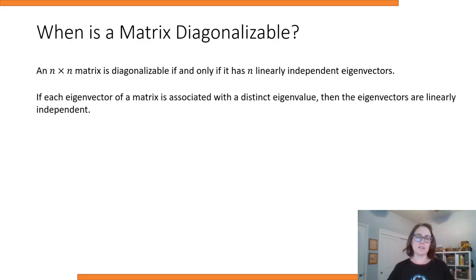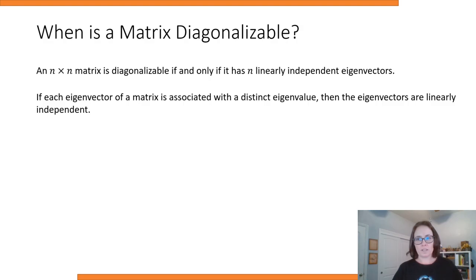If the eigenvectors of a matrix are associated with distinct eigenvalues, then the eigenvectors are linearly independent. So this can be a shortcut if you find the eigenvalues and eigenvectors, and each eigenvector has a distinct eigenvalue, then you know that they are linearly independent.